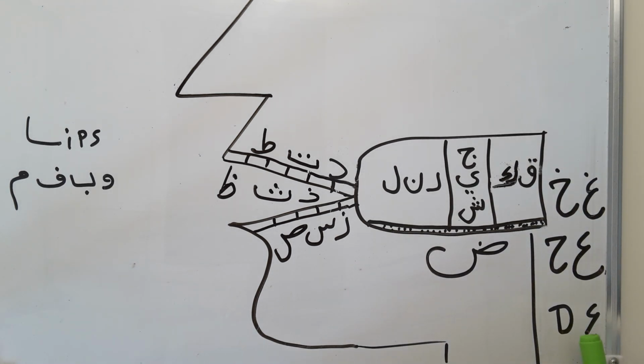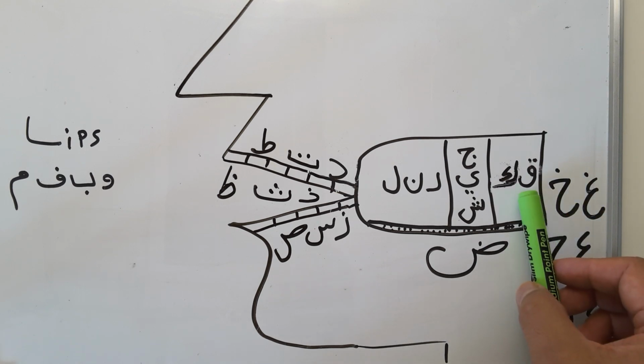These are in the throat, Hamza, Ha, Ain, Ha, Ghain, Kha, as we look from the bottom, in the middle, and at the top, okay? And these Ghain and Kha letters are just behind the tongue.